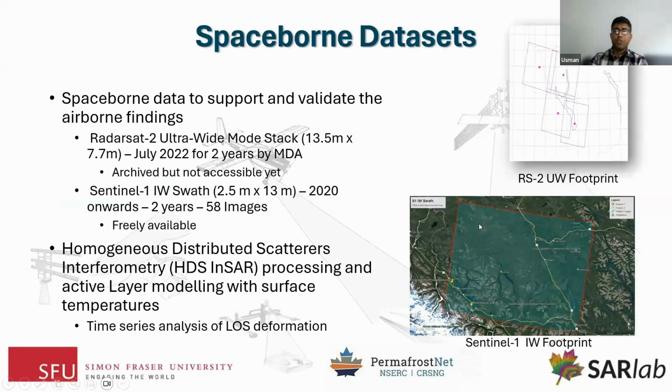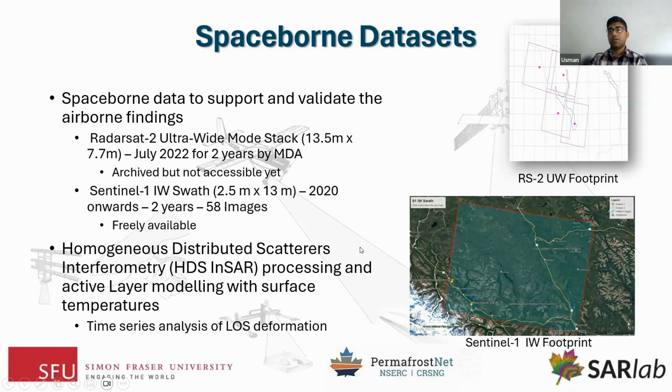We also tried to acquire RadarSat-2 data, and we were able to put in the request, and the data is being archived, but it is still not available for our analysis as of now. There are some admin issues related to that. On the other hand, Sentinel-1 data is freely available, so we used 2 years of data, which is worth 58 images, and did some homogeneous distributed scatterer interferometry, which is an advanced technique.